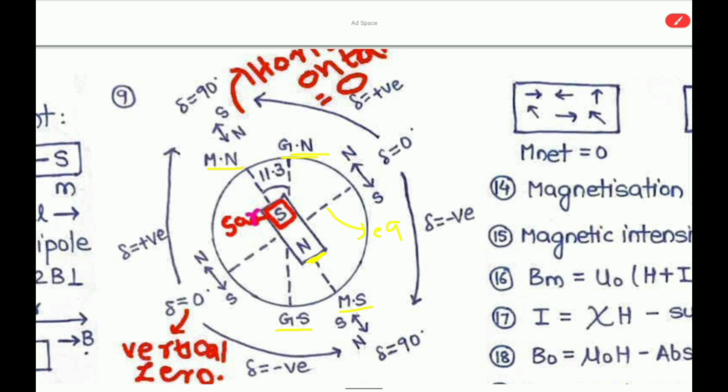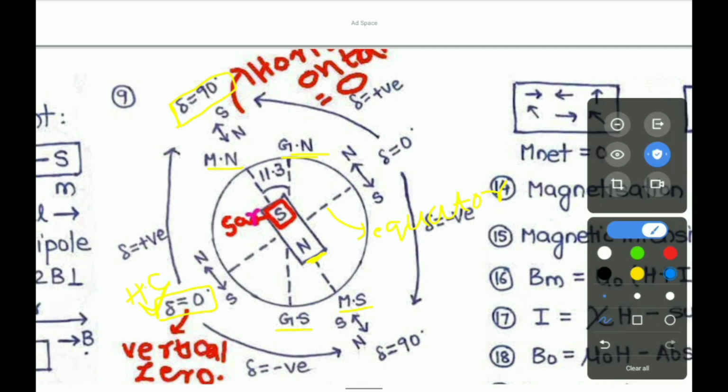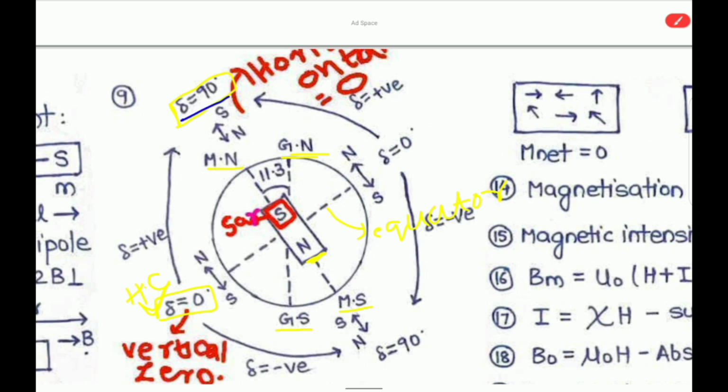It means at the equatorial position the horizontal component is present, and at pole the vertical component is present. So at equator, horizontal component is present, and at pole, vertical component is present.